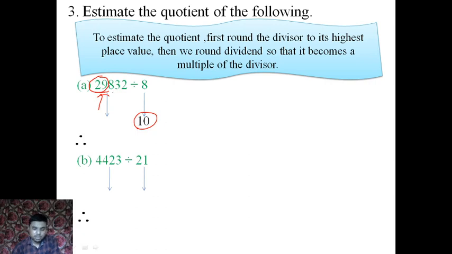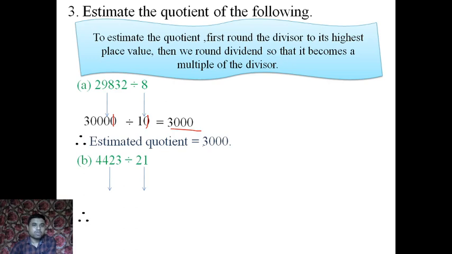To the right side there are 3 digits, so it will be 3000. Now do the division as you learned. After cancelling the zeros it will be 3000, and write the estimated quotient equal to this.